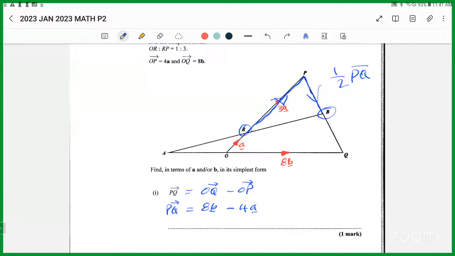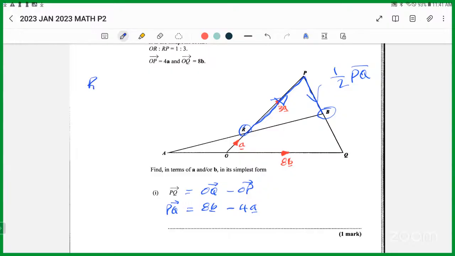So that is it, guys. To go from R to B, set it up like a vector equation, which is basically like a pathway, the path that you're taking from R to B. You have to go along the vector directions that you know. So we're going to write it like this.